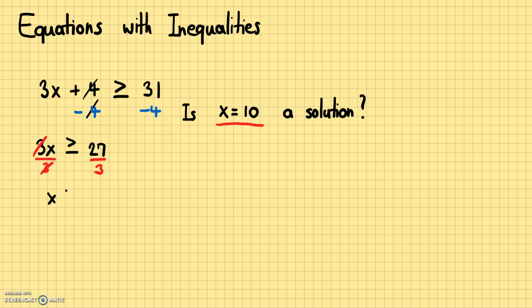Then we'll get x is greater than or equal to 9. Okay, so now this is our answer. It's an inequality, meaning that all the numbers that are greater than 9, or the number that is equal to 9, which is 9, are going to be a solution.